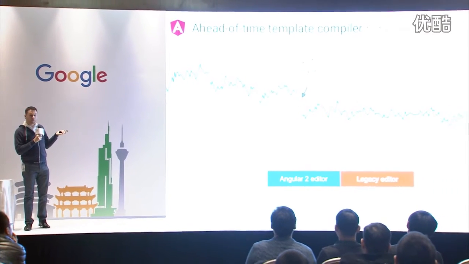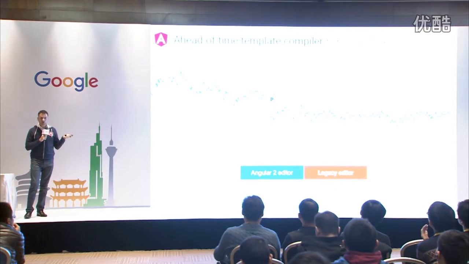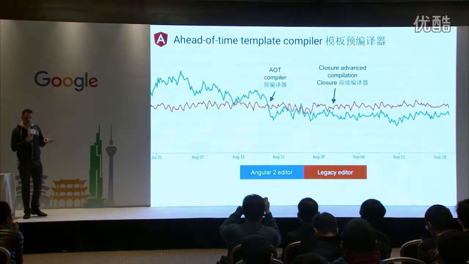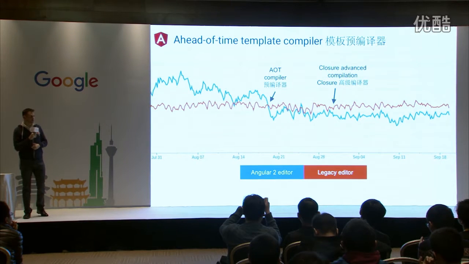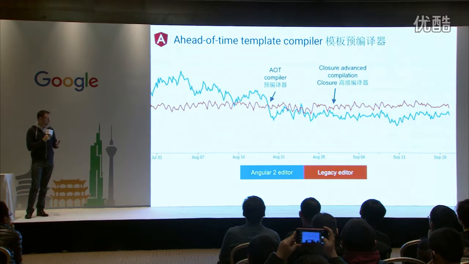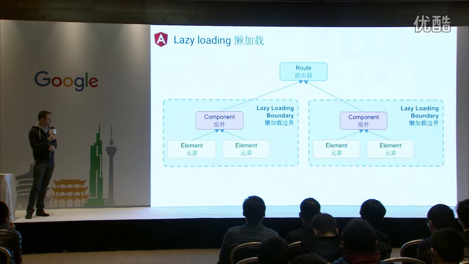They were benchmarking against their legacy editor, and when they added ahead-of-time compilation, they almost always got ahead of the legacy editor. But when they combined ahead-of-time compilation with something called Closure Compiler, an optimization that comes from Closure, they were able to get consistently better than their legacy editor. They were also able to get a bundle size down to about 27 KB for a small Hello World application.